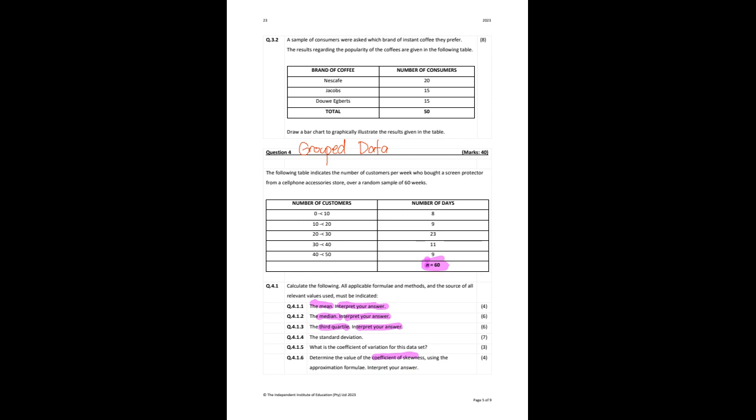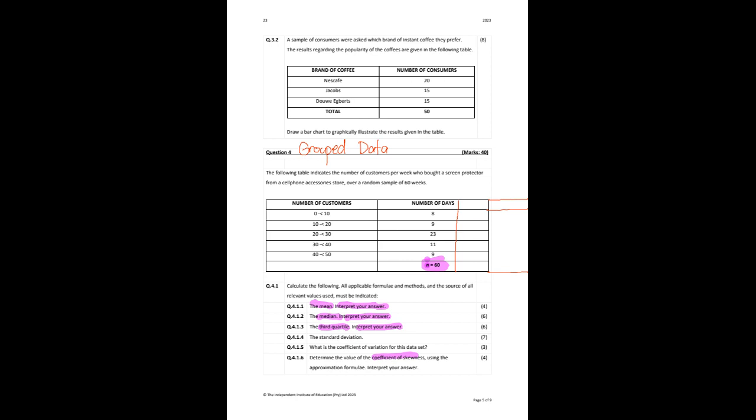So, before even getting started with these calculations, my best advice would be to, just as a rough copy, because there are no marks allocated to this, for your own benefit, redraw this table roughly in whatever notebook you have, wherever you're working out your answers, and add on 3 additional columns to this table.